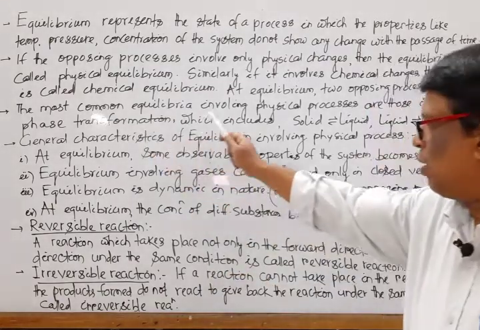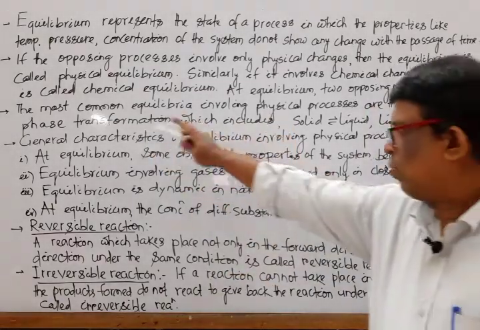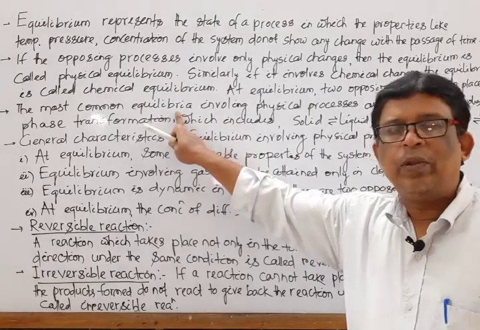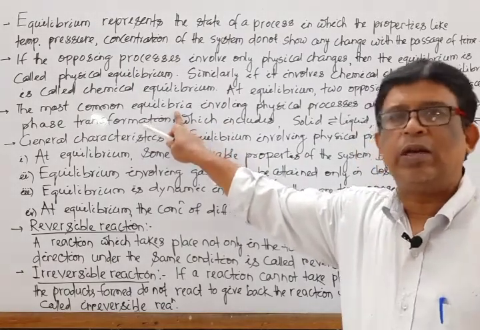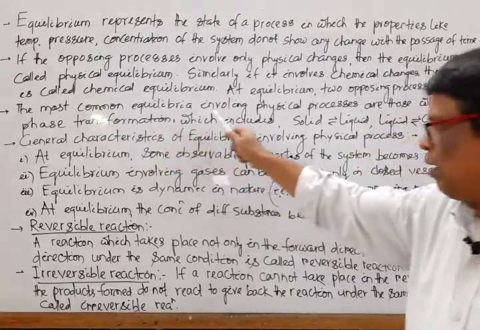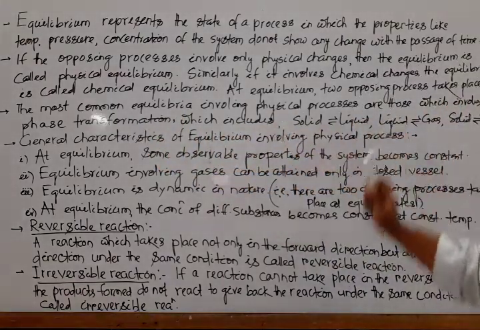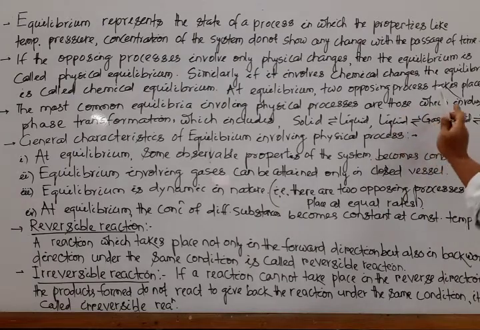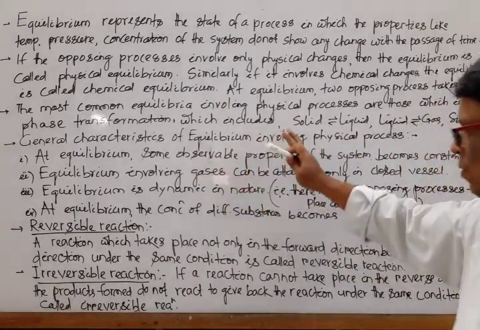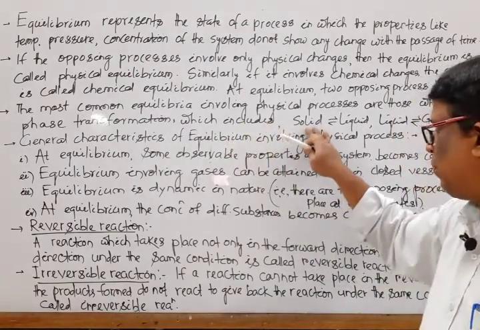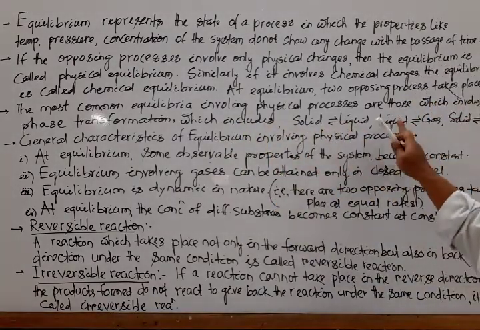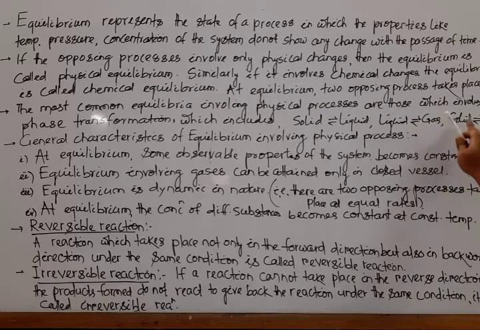The most common equilibria, equilibrium is singular, in plural it is known as equilibria, involving physical processes are those involved in phase transformation. For example, solid phase to liquid phase to gaseous phase, solid phase to gaseous phase.